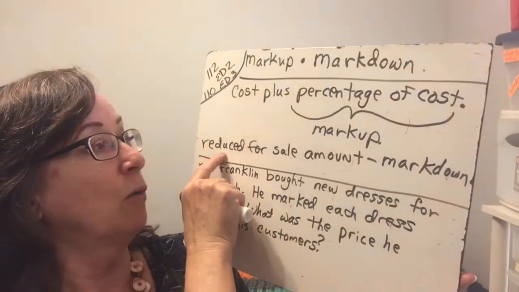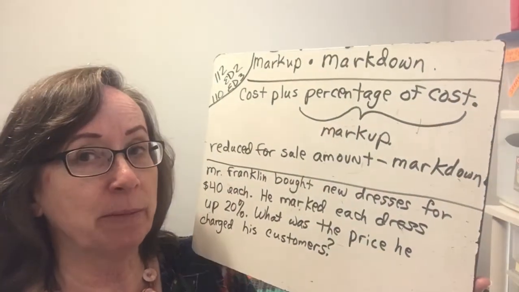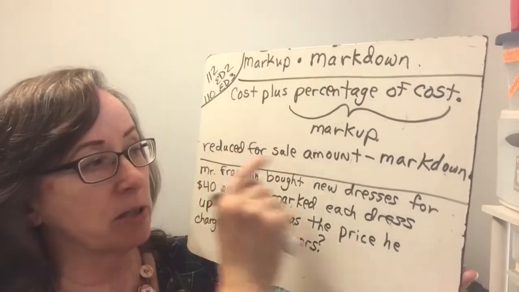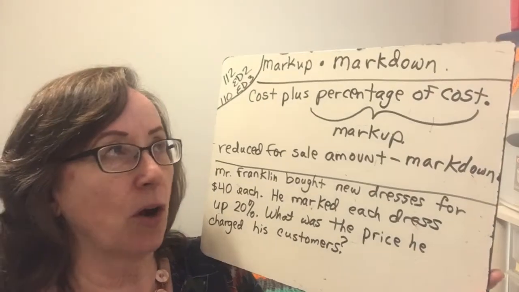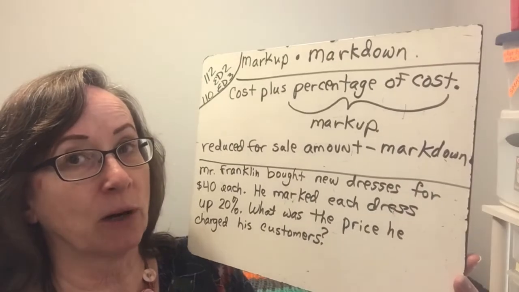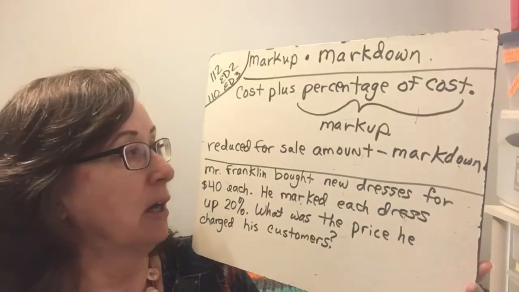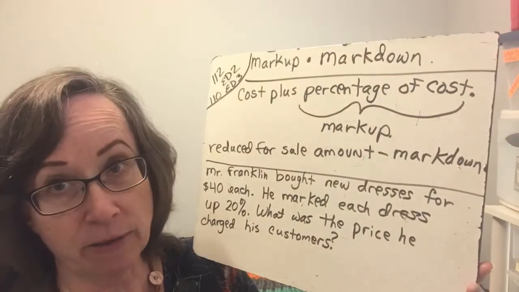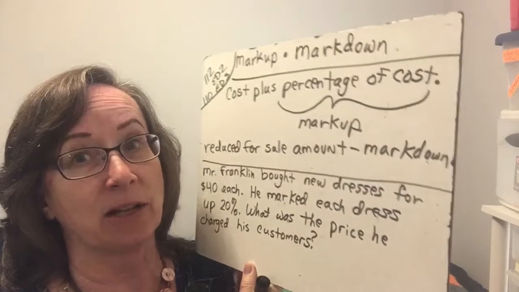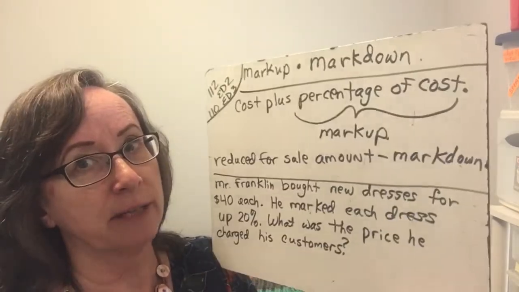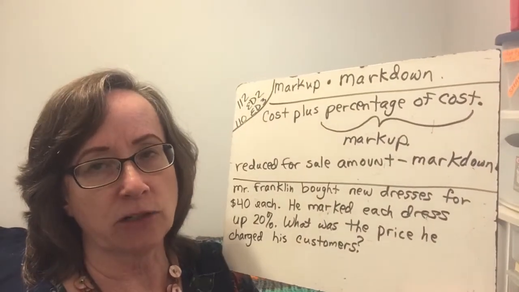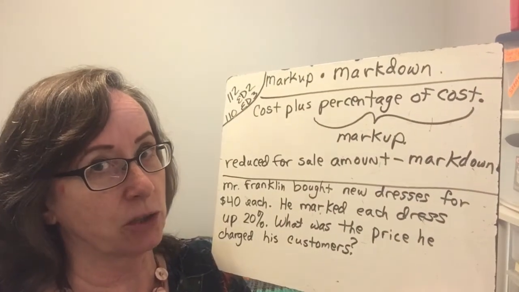And also, when we have a sale and an item is reduced for sale, we call the reduced amount the markdown. So if a salesman had the original price at $10, but then he could not unload this item and he needed to move it out because the seasons changed and the item was going to become obsolete shortly.